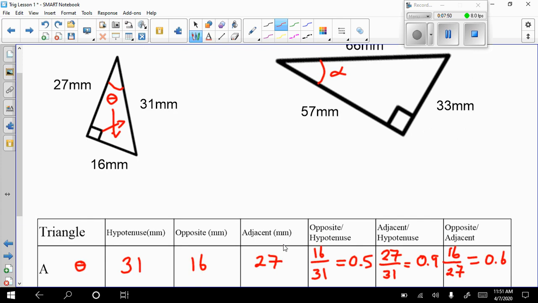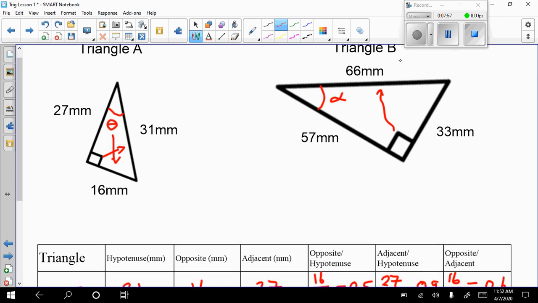Okay, so that's the hypotenuse. And here, I'll label them right on here. That's the hypotenuse, that's the opposite, and that's the adjacent. And same thing over here, this is the hypotenuse, this was the adjacent, and this was the opposite.